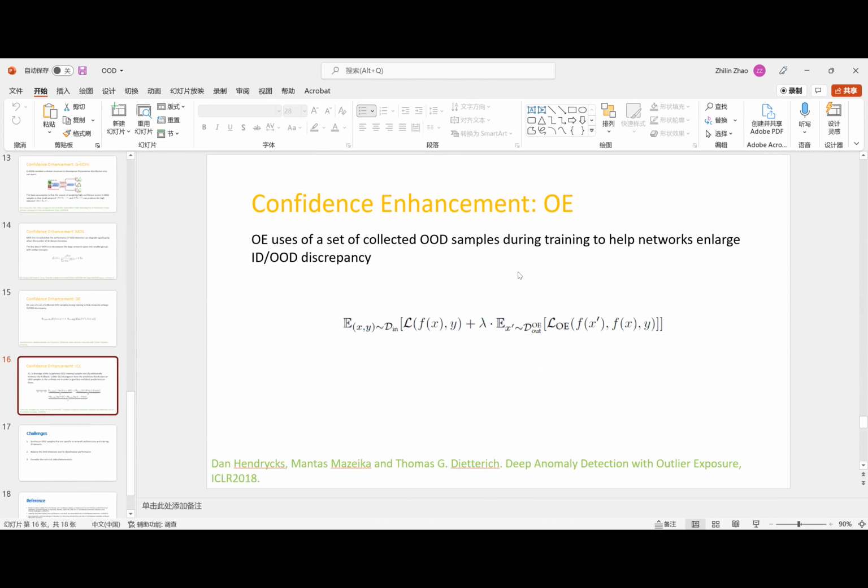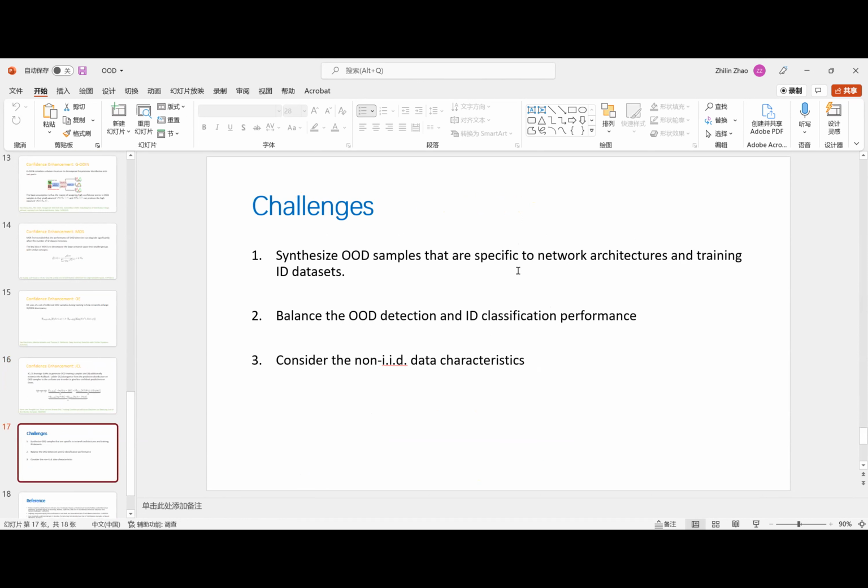Okay, what are the main challenges in this research direction? From my perspective, the first challenge is how to generate OOD samples that are specific to network architectures and the training in different data sets.